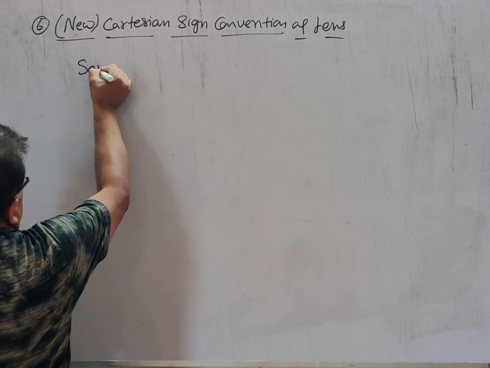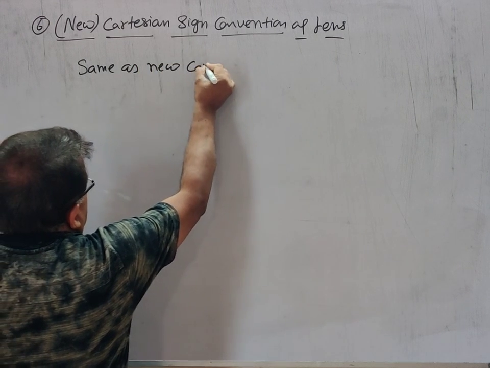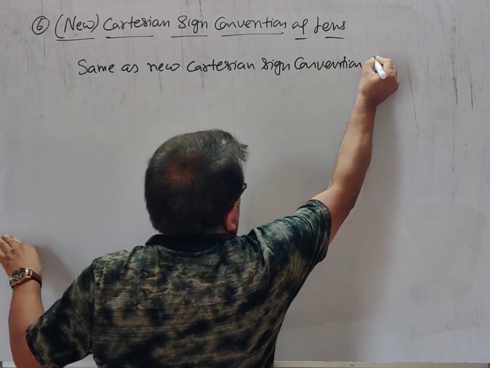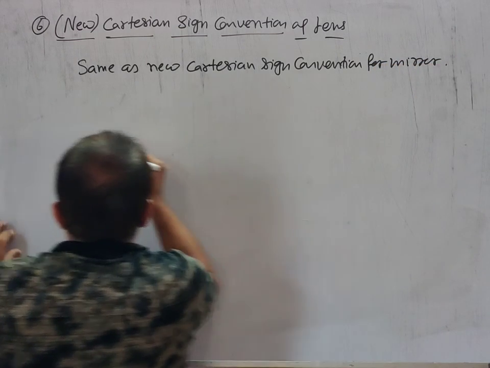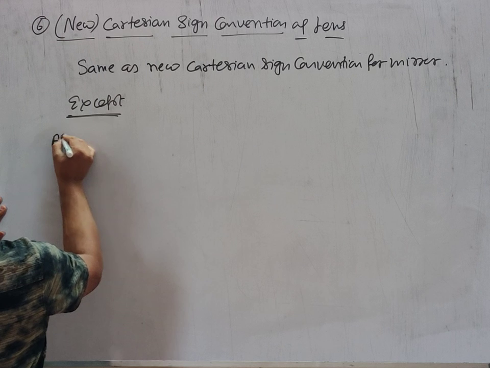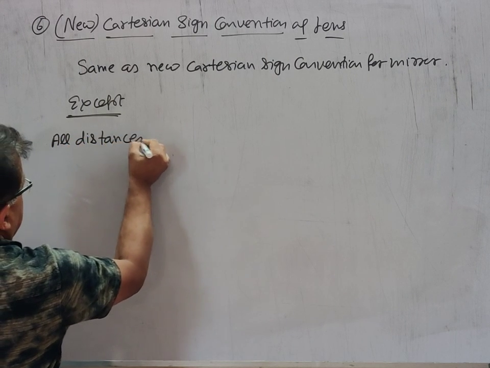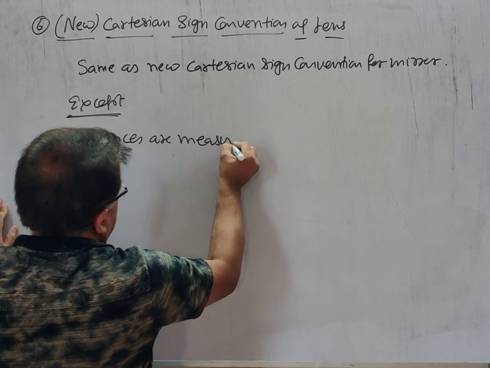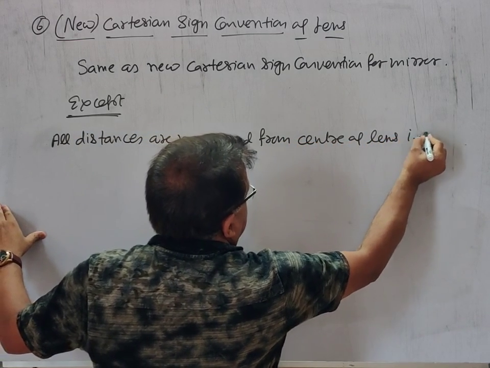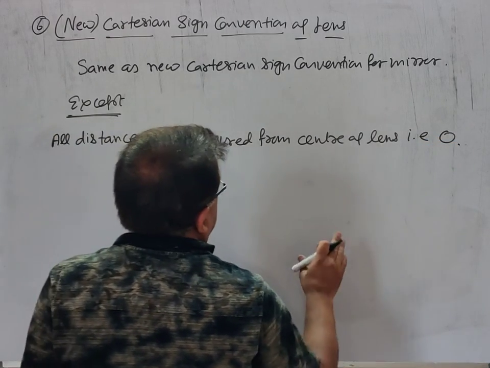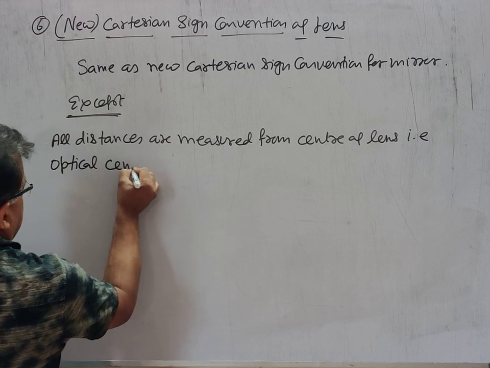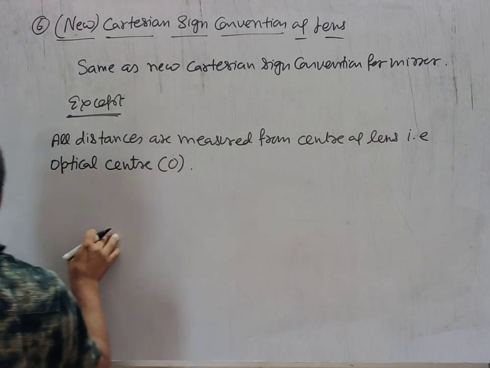So it is same as new Cartesian sign convention for mirror, except all distances are measured from the center of lens, that is O. This point is the optical center of the lens, which is known as O, and there that is known as pole.